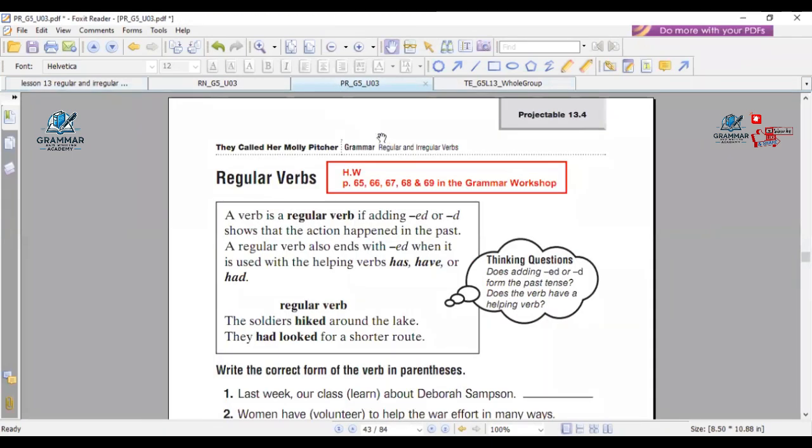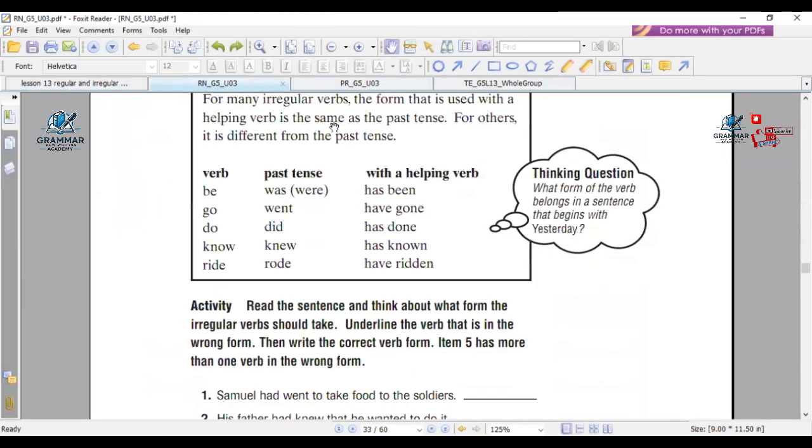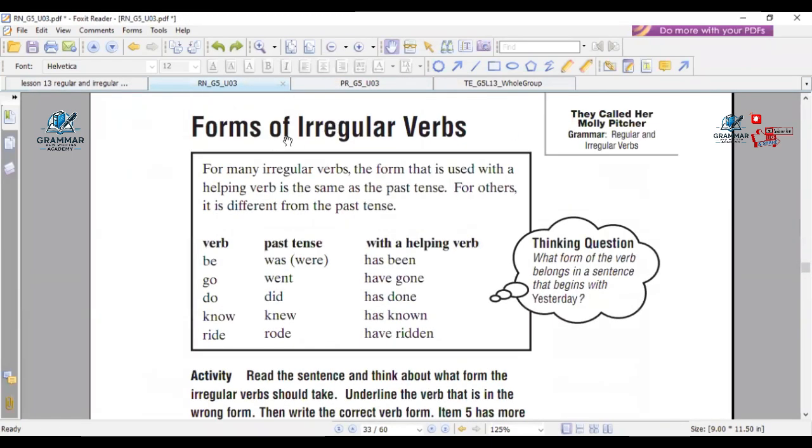Okay, here, yes, this one. Forms of irregular verbs. Abdullah Sheikh, read for us, please. Forms of irregular verbs. For many irregular verbs, the form that is used with the helping verb is the same as the past tense.